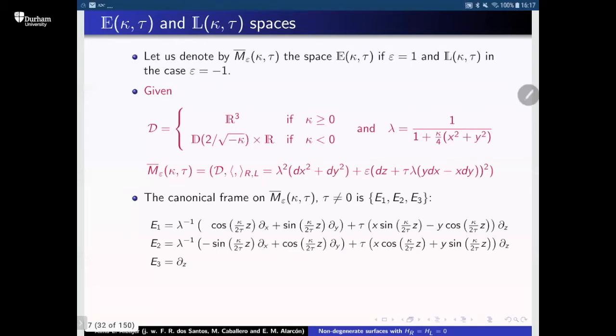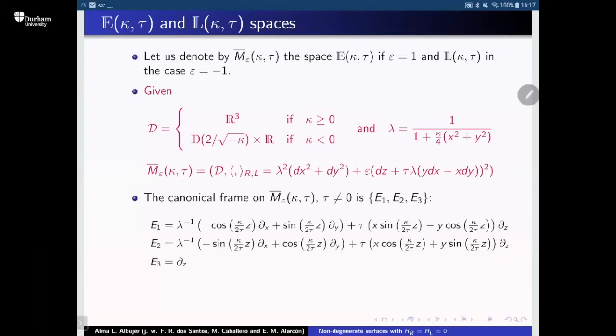When tau is different from 0, it is well known that we can define a canonical frame on such spaces in that way. E1, E2, and E3 are these three vectors here. We need to ask tau different from 0 because in E1 and E2 there is a fraction that does not make sense when tau is equal to 0.